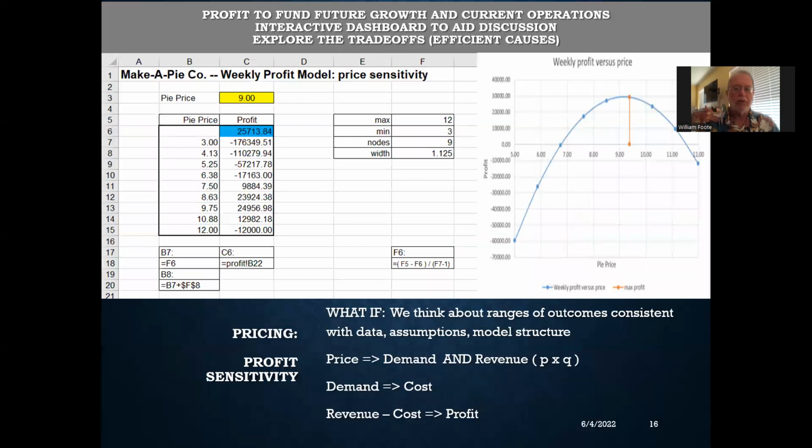And then we built a very simple grid, max, min, nodes with our width is calculated. We have a 9-node grid on the left with pie prices, and we're not assuming the max or the min of that. We can hard code it. Do not hard code it. Do not hard code it.